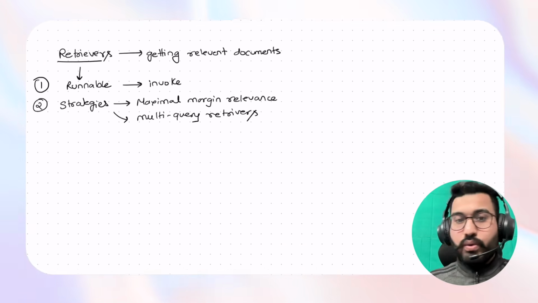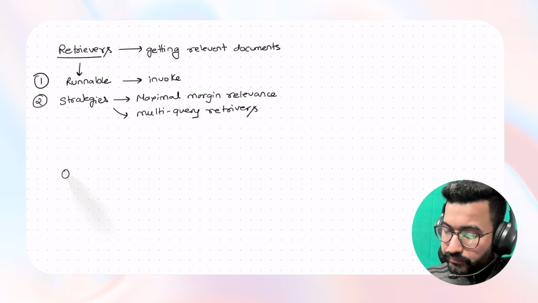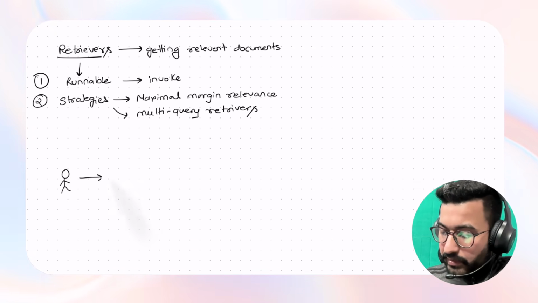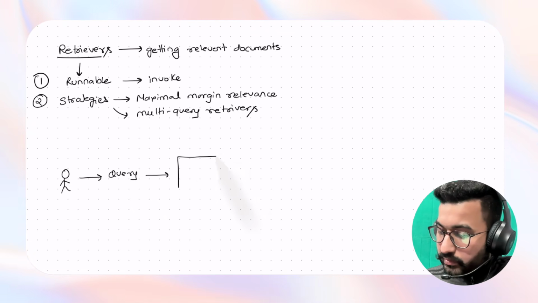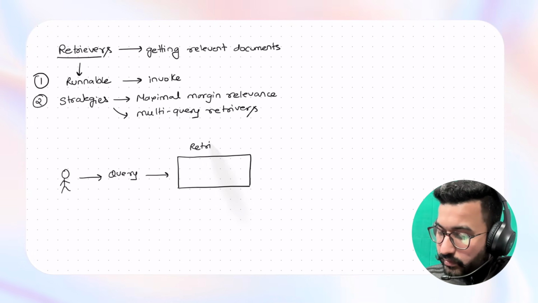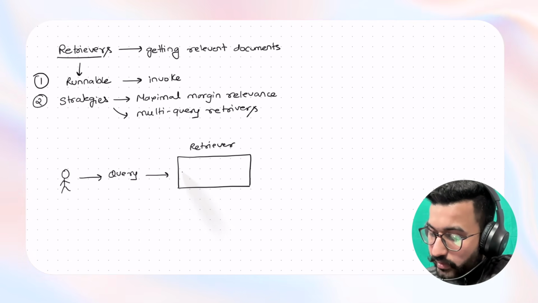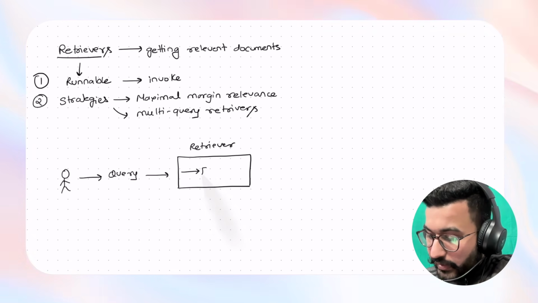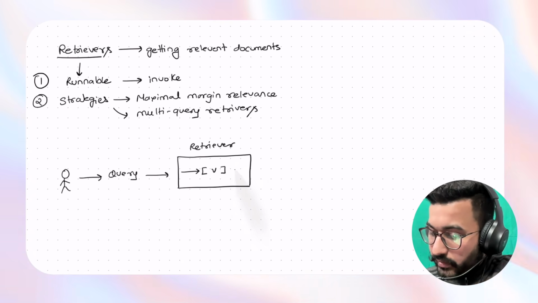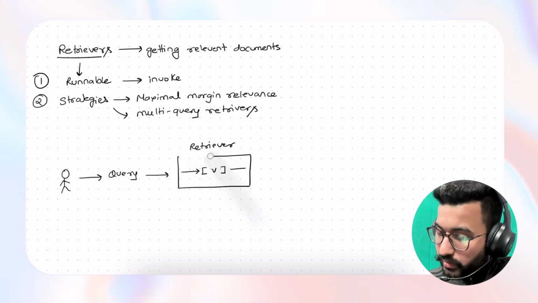So what is the main goal of retrieval? The main goal of retrieval is that if a user sends a query, the retriever, so this is my retriever, will take that query and convert it into the vector. I'll write V, and then retrieval will have a broader scope. So let me not limit it like this.